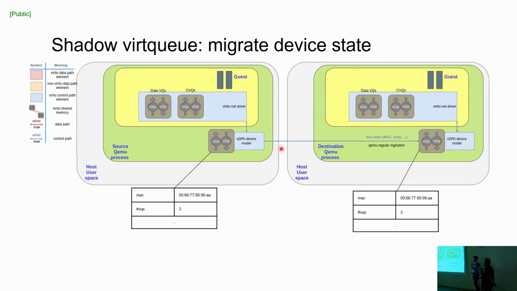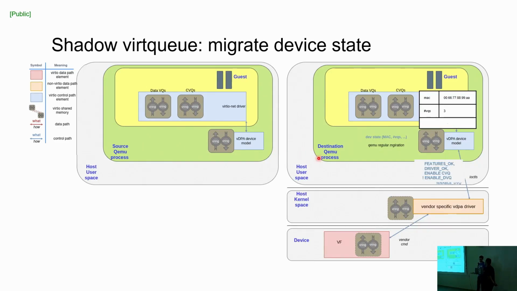Now, how to set all of this state to the destination device? Well, the destination device already knows how to handle all of these control virtqueue commands. So the trick is easy. We just enable the control virtqueue. We don't enable the data path, so the device will not try to write, for example, in invalid queues, or it will filter out valid packets.